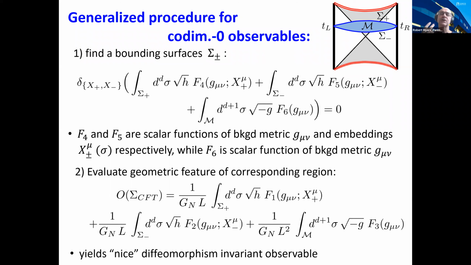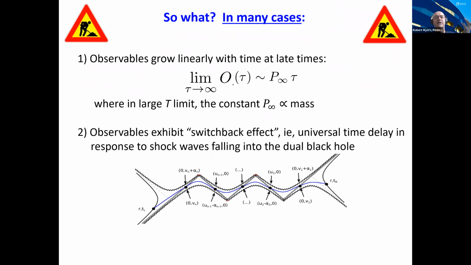And just as before, I could evaluate that same set of functionals, or alternatively, I can come up with some new geometric functionals, including boundary terms for the top and the bottom, and a bulk term for the interior. And that's, again, a nice family of diffeomorphism invariant observables. But again, we should ask, so what?